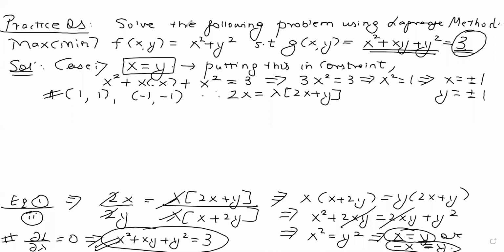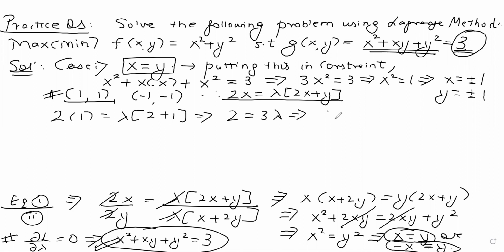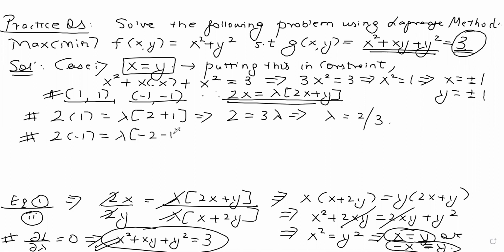In this particular equation, if I put 1 comma 1, so 2 into 1 is lambda times 2 plus 1, which implies 2 is equal to 3 lambda, which implies lambda is equal to 2 by 3. And if I put minus 1 comma minus 1 in this equation, 2 into minus 1 is lambda times minus 2 minus 1, which implies minus 2 is equal to minus 3 lambda, which implies lambda is again 2 by 3. In both the cases, I get lambda as 2 by 3.